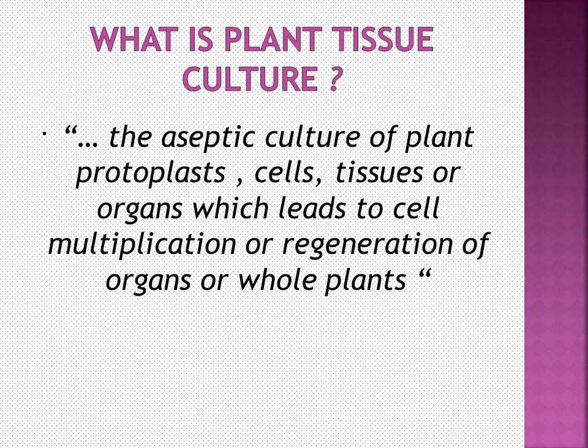Aseptically means we are preventing any sort of contamination from pathogens. Second, the starting material can be plant protoplasts, cells, tissues, or organs. The starting material we call explants. So what happens here, we can either have cell multiplication or regeneration of organs or whole plants by the formation of roots or shoots.